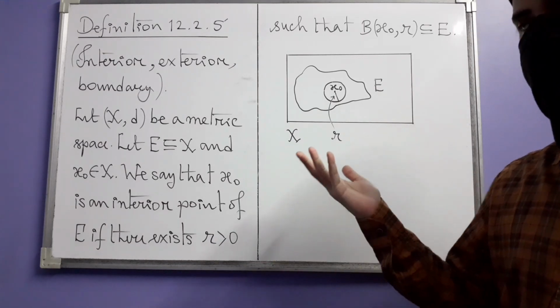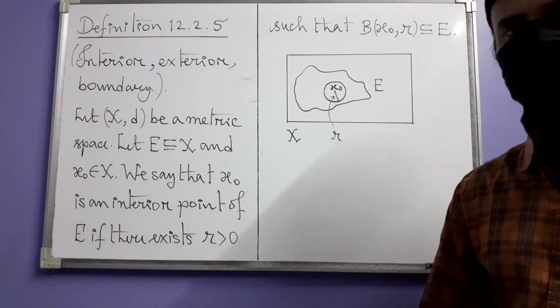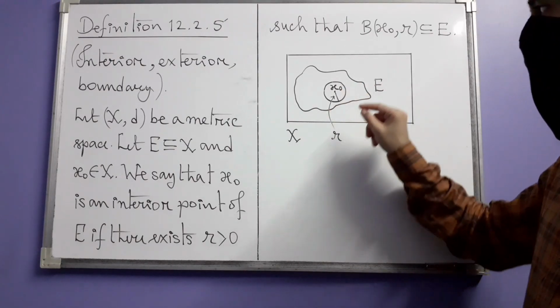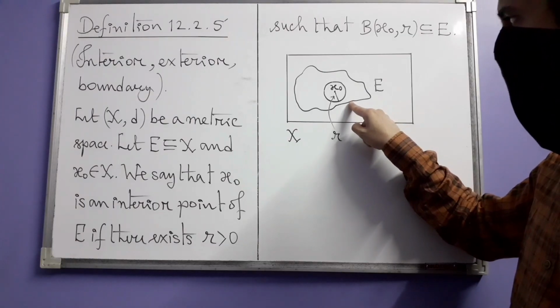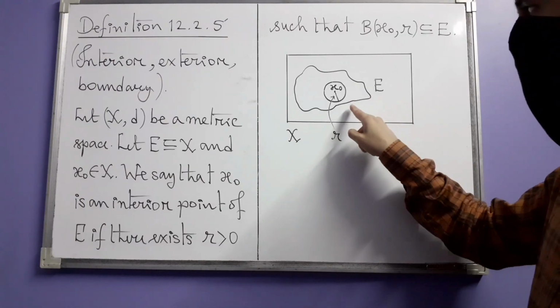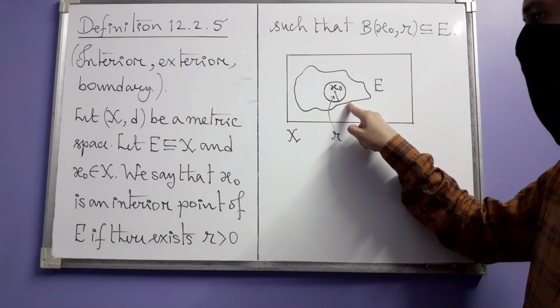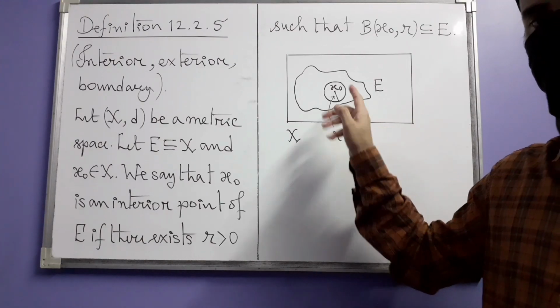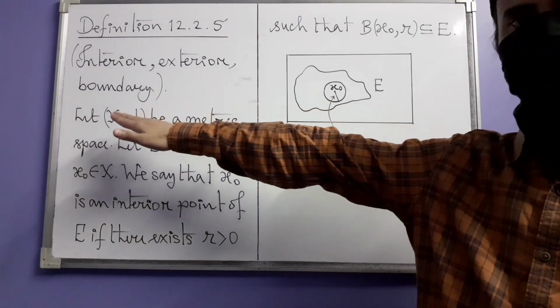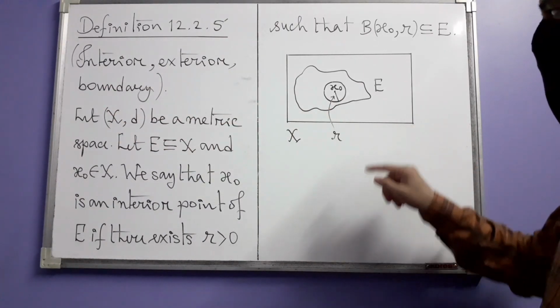Now, initially you may think that every point of E is going to be like this. That's not necessary. A point in E may lie here also. I mean, I'm just simply saying, schematically you can think of a point lying at the boundary of E. And I am not using the technical word boundary here, I mean just simply saying what you ordinarily mean by boundary.